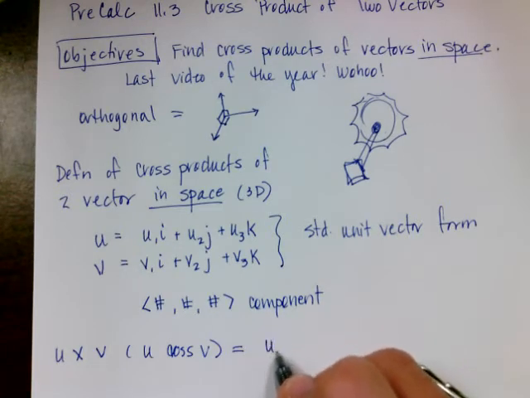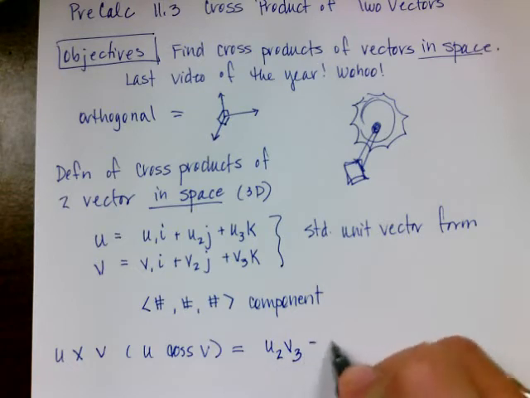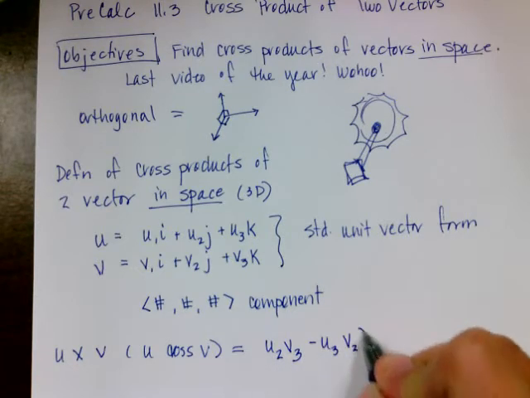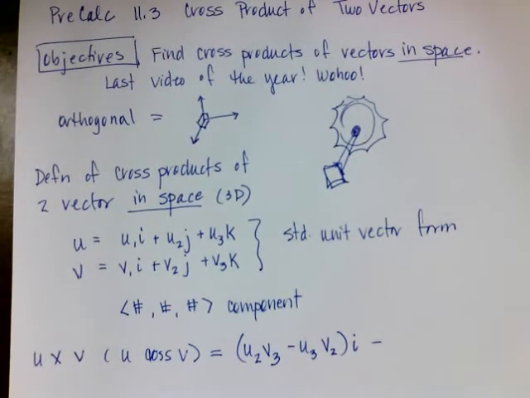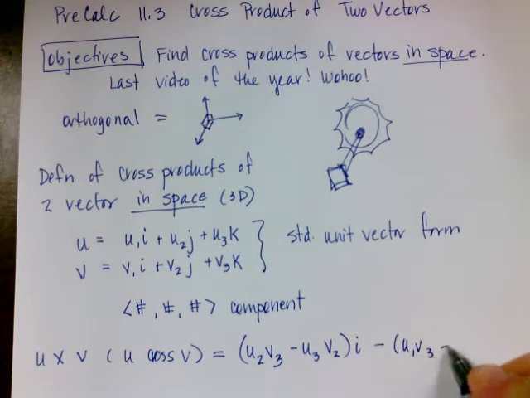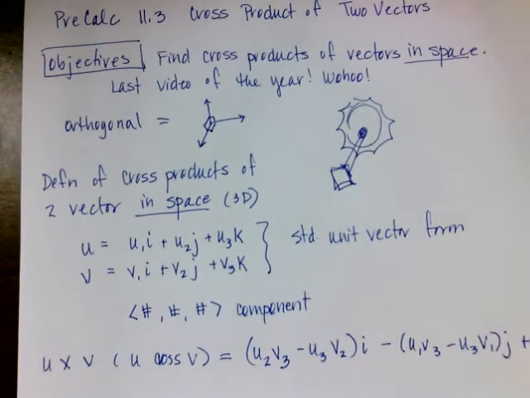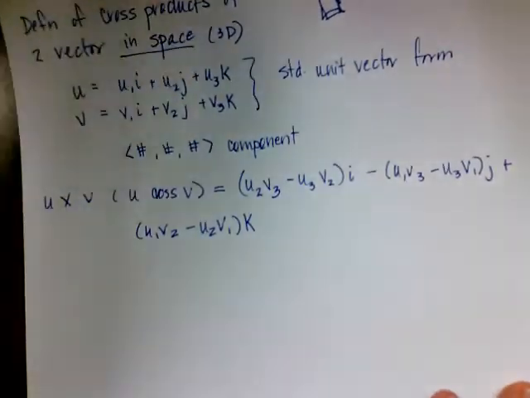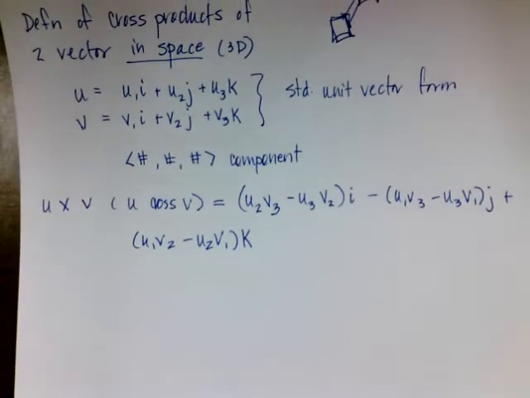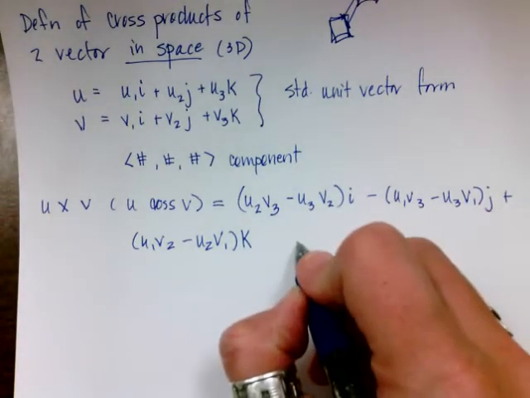It's going to be u2 v3 minus u3 v2 times i, minus u1 v3 minus u3 v1 times j, and then u1 v2 minus u2 v1 times k. At this point you're probably thinking, what the heck? But this is really actually not as bad as it looks.